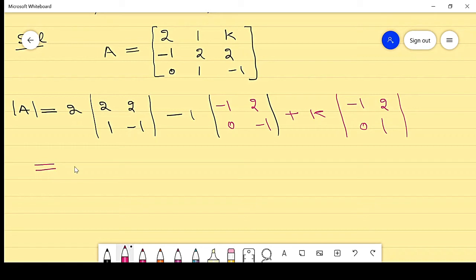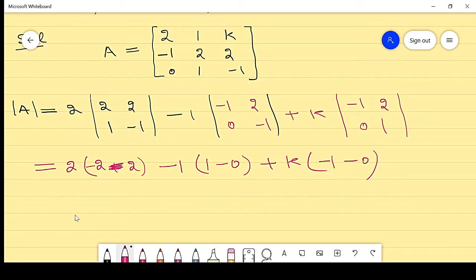So this is 2 times (-2 - 2), plus 1 times (-1 - 0), plus k times (-1 - 0).